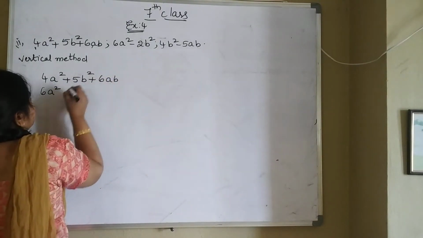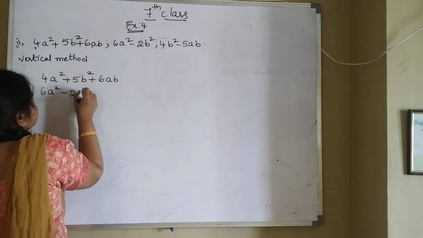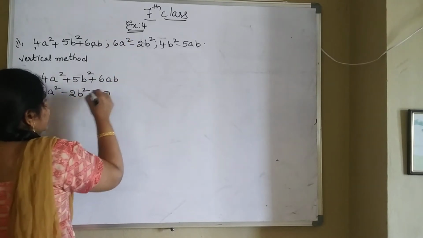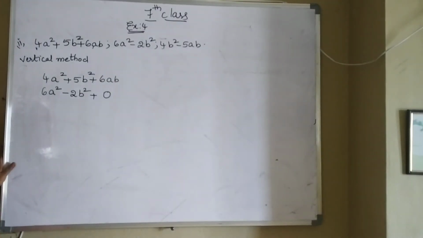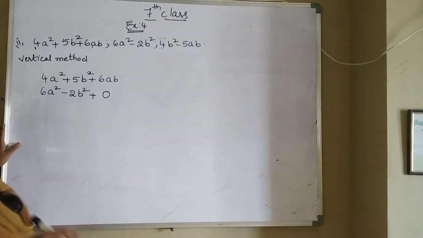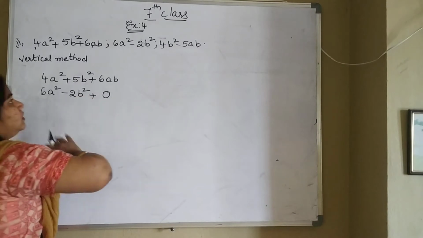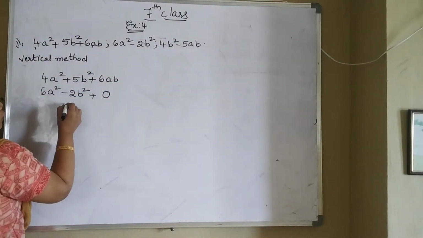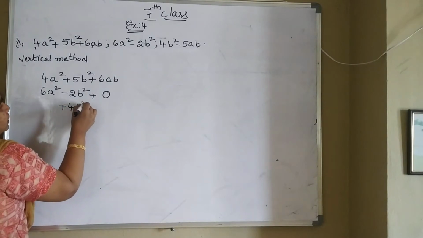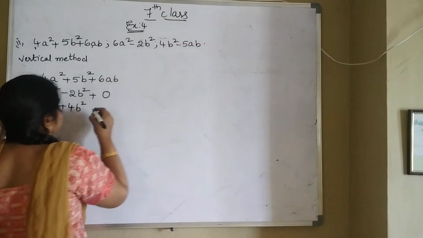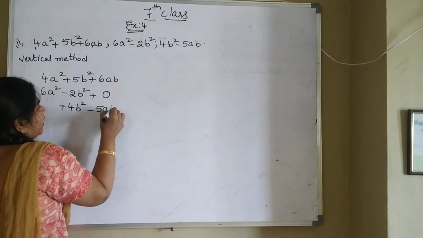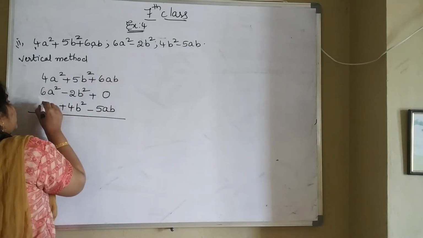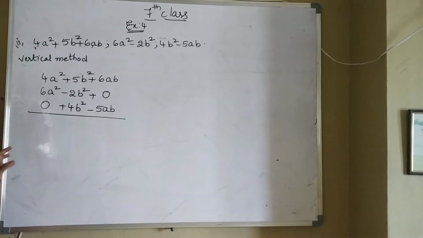In this expression the ab term is not there, so we will keep it as 0. If you are not seeing a term in an expression, just substitute 0 in that place. In the last expression, the b square term is 4, that is plus 4b square, and the ab term is there, so minus 5ab. They didn't mention an a square term, so just replace it with 0.